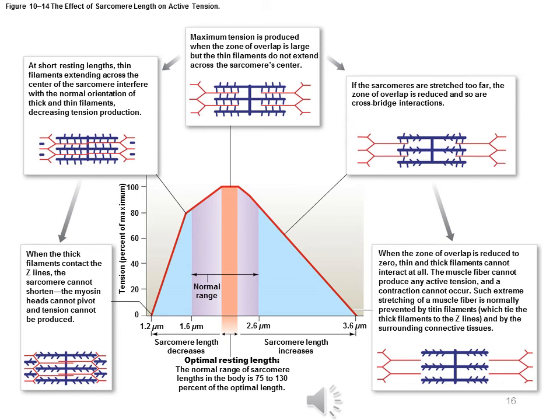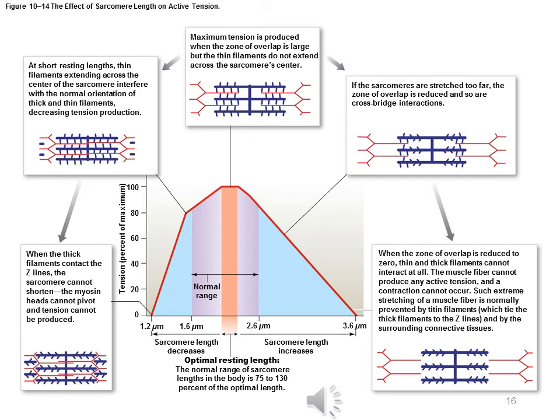But how do we get the different amounts of tension within a muscle or sarcomere in and of itself? Well, the amount of tension depends on a couple of different things: how much stimulation, how frequently the muscle is being stimulated, and how many power strokes are being performed.